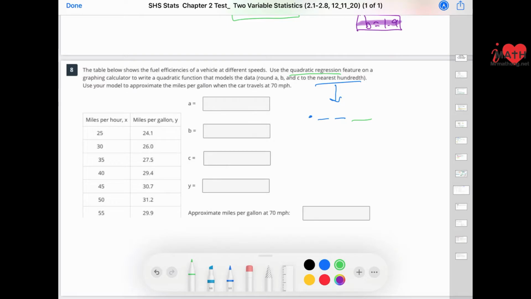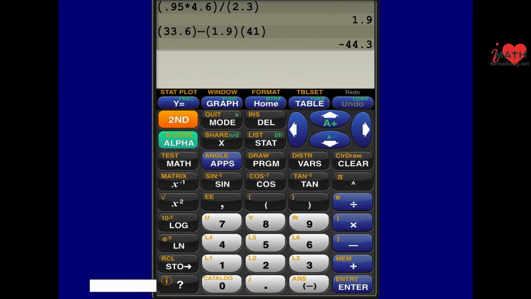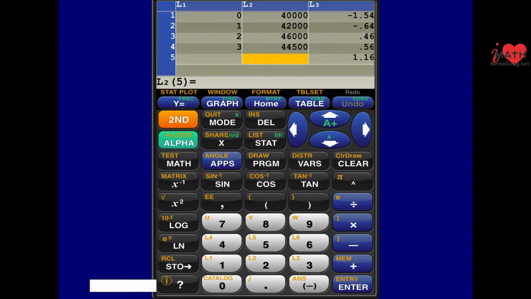So let's go ahead and put that into our calculator. Left arrow, stat, edit.